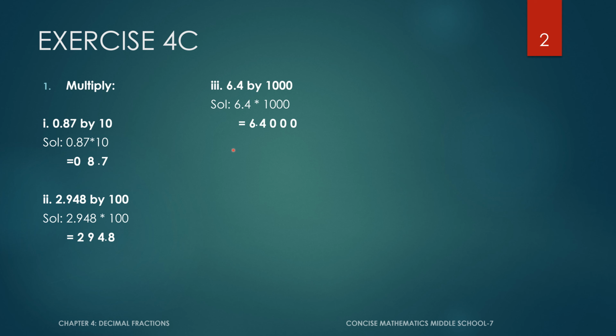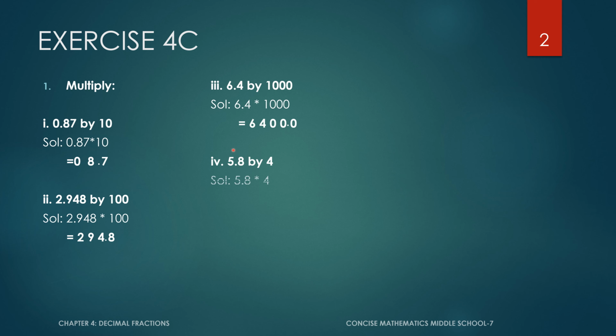Here is the point and this point will be moving 3 decimal places towards the right. You can just place the zeros and just move the point 3 places towards the right side. I hope it's clear.